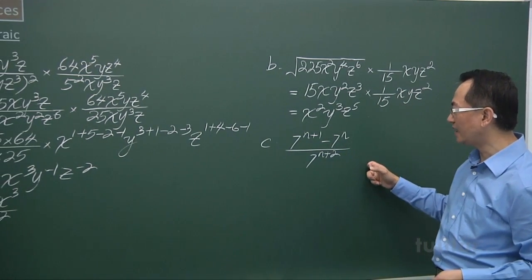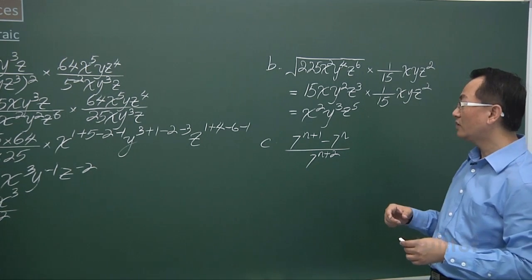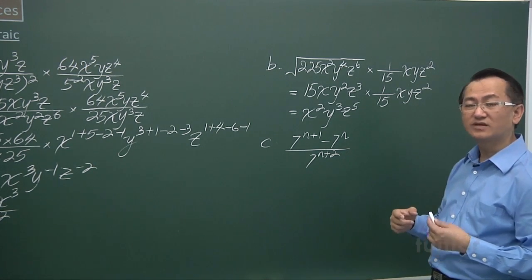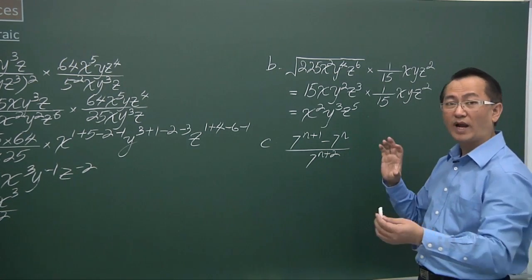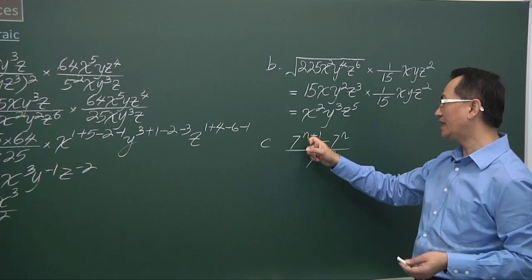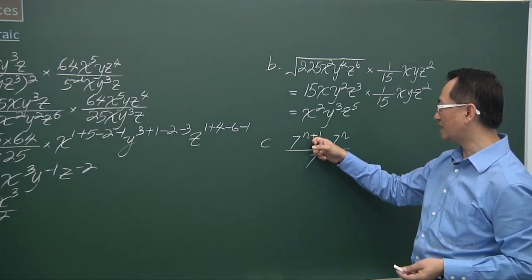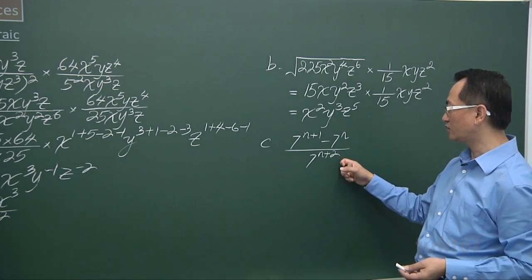In part C, to simplify this, I will have to look at the rule of indices the reverse way. Where I group, now I have to split up. So the integers here, I have n plus 1 and n plus 2.